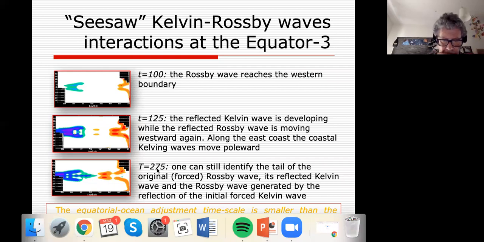After 275 days, we have a still more complex picture. You can still identify the tail of the original forced Rossby wave, the reflected Kelvin wave, and the Rossby wave generated by the reflection of the initial forced Kelvin wave.